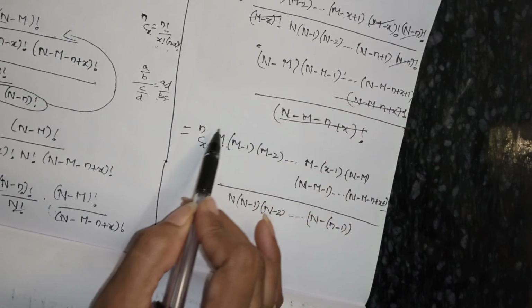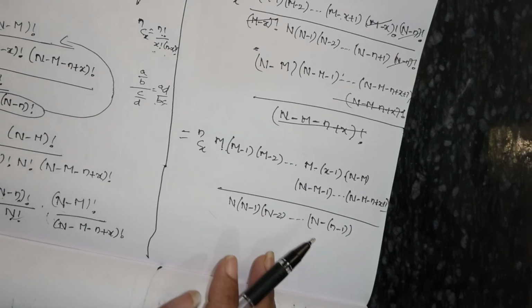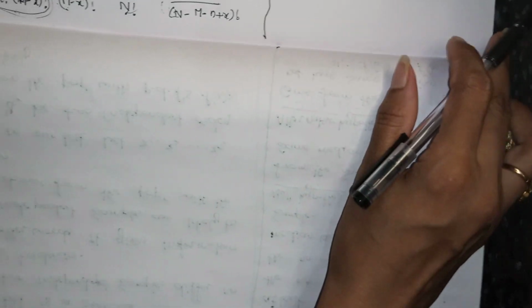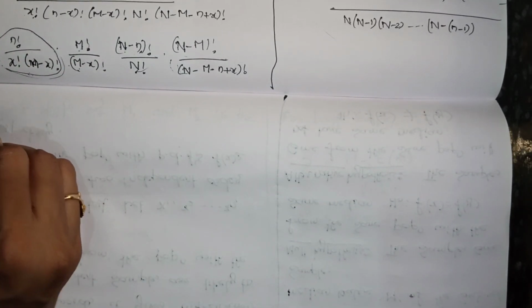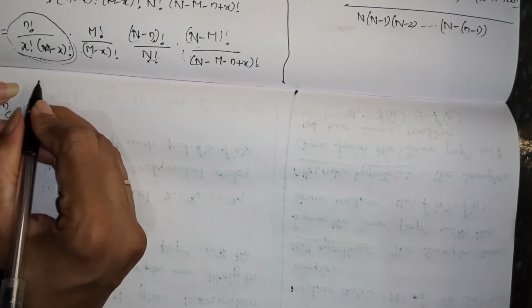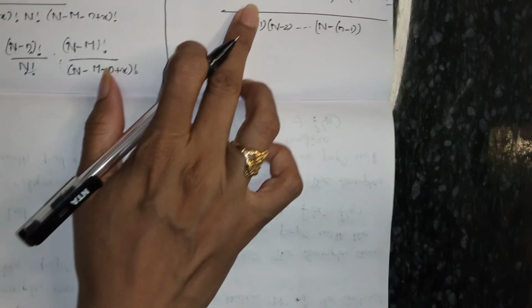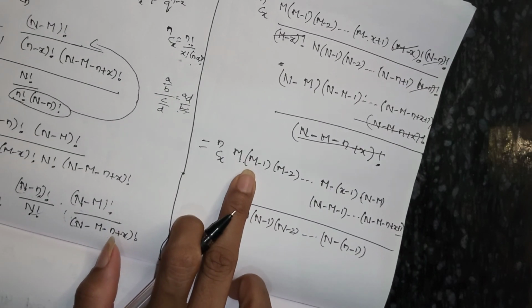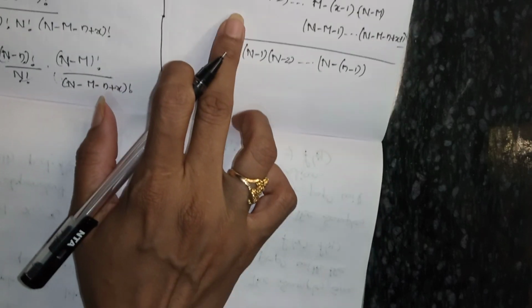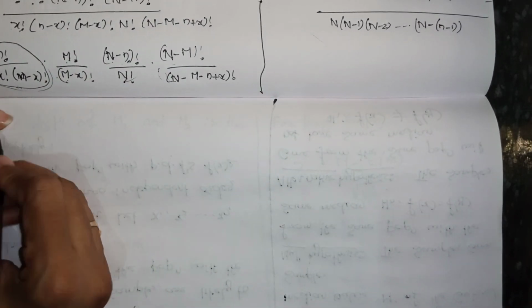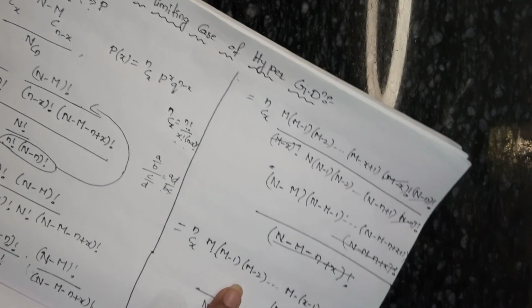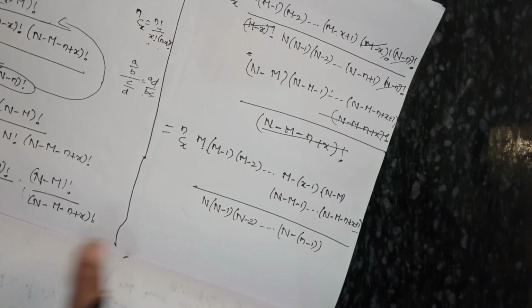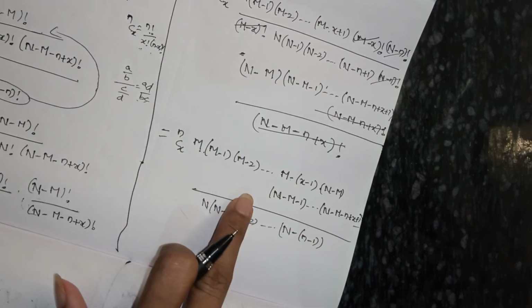So I'm going to divide this term with n. So we'll get NCX is same we have to write. Here the first one is m, so m by n. And the next is m minus 1, m minus 2. Okay, so this term I am going to divide with n.